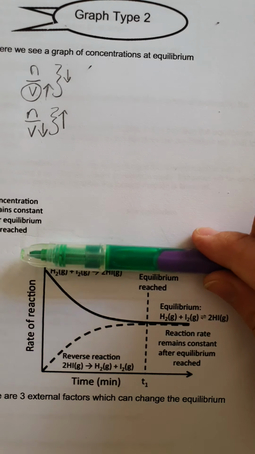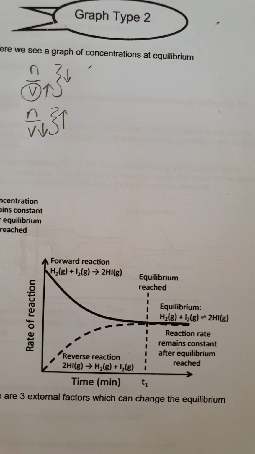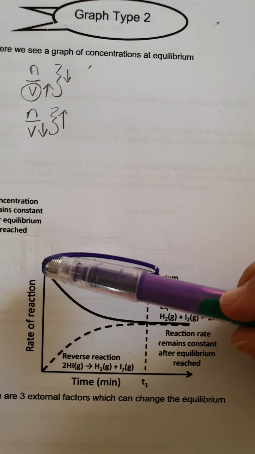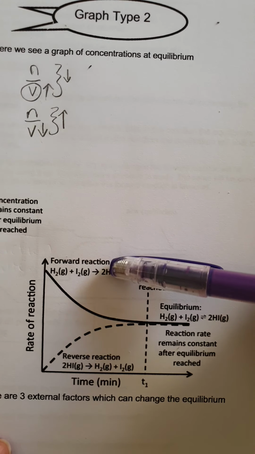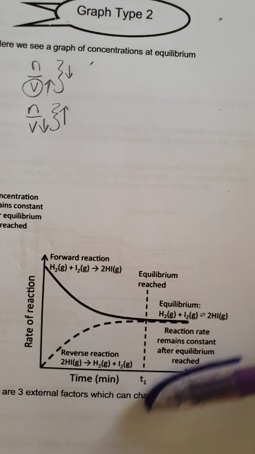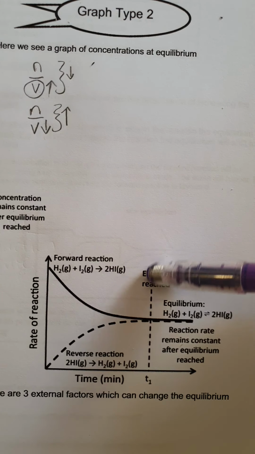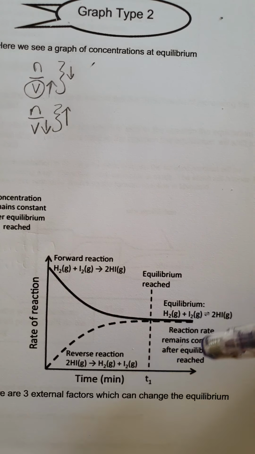Okay, so we always look at the forward reaction when referring to reactants and products, otherwise it's going to get so confusing. So always go with your forward reaction. If hydrogen and iodine are reactants, they are reactants. HI is product, they are products throughout the whole thing. Okay, so it just makes it easier. And now you can see whether the two reaction rates have become equal. This is now in equilibrium.